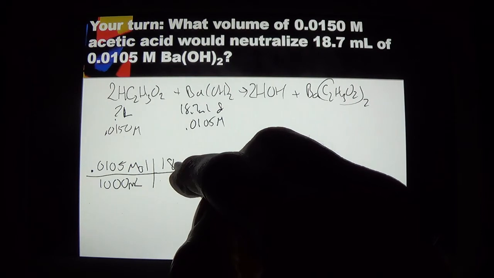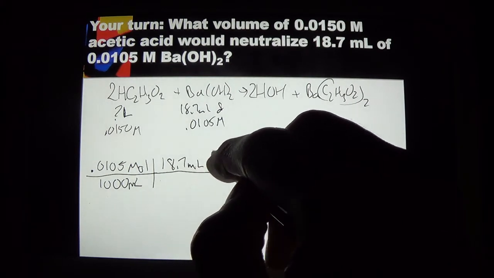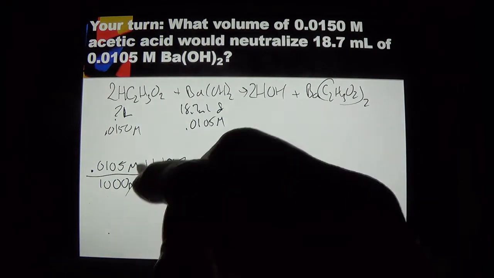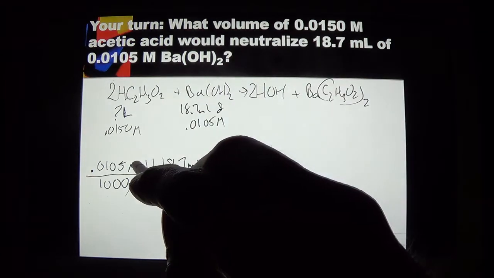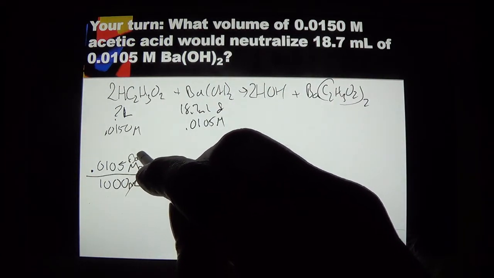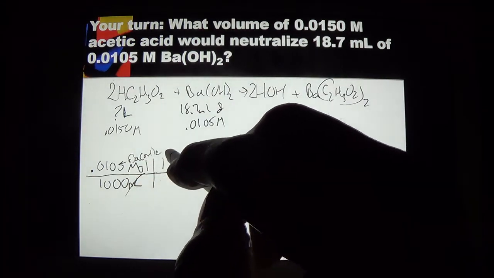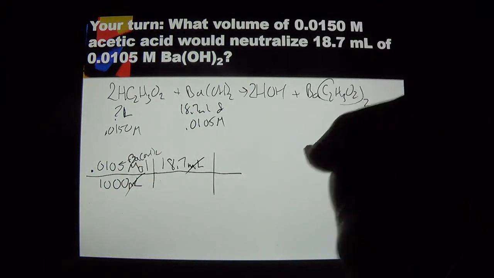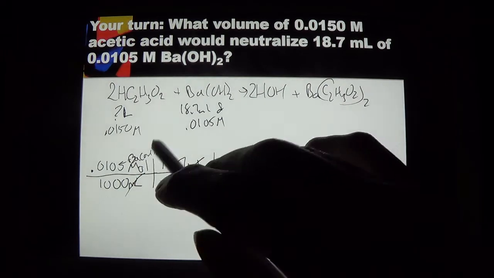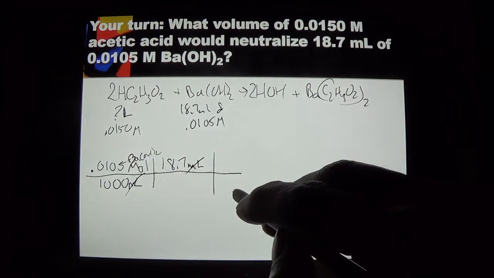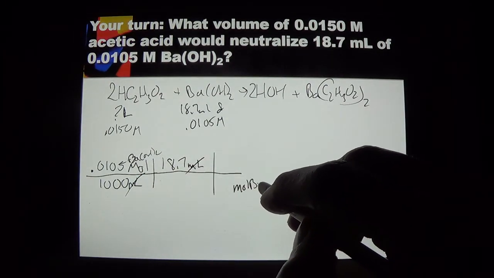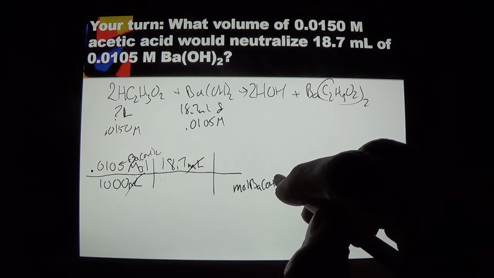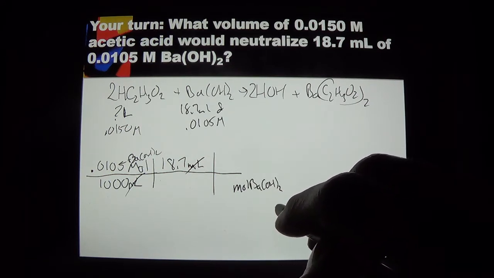Hey, they told me 18.7 milliliters. So now milliliters cancel, and I've got moles of barium hydroxide. And you might want to label it Ba(OH)2 or something like that. That's up to you, but don't get confused by all the moles that we're going to have running around. Now that I have moles of barium hydroxide, I know I need moles of barium hydroxide down here. Imagine that. Labels match diagonally.